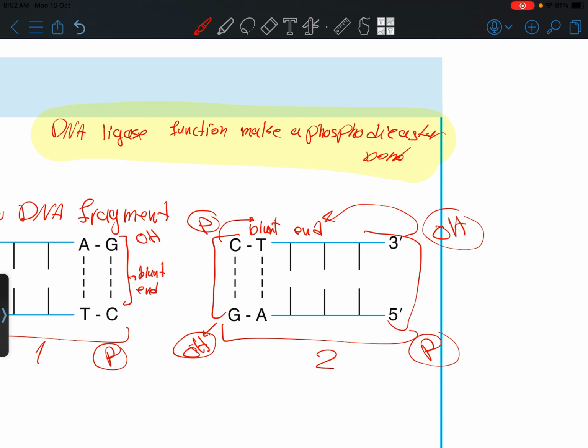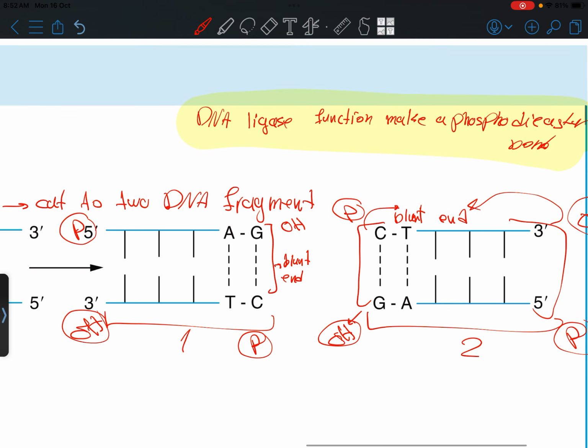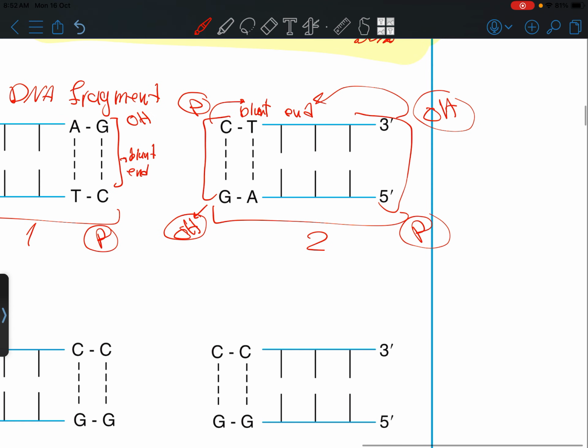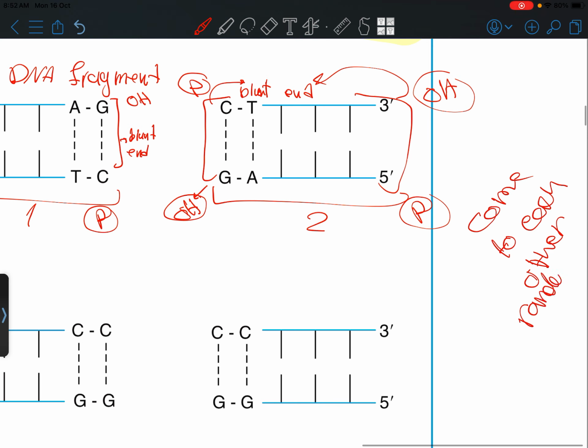Sometimes one approaches two from this side. In another instance, this fragment one will come from here, which allows the DNA ligase to ligate this end with this, generating a totally new, different fragment.